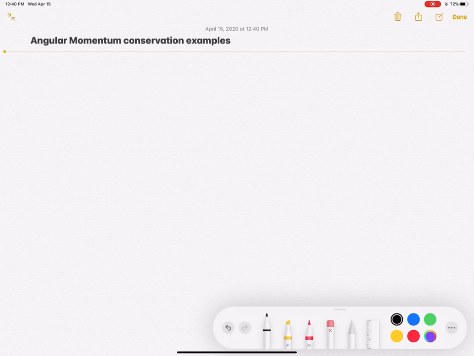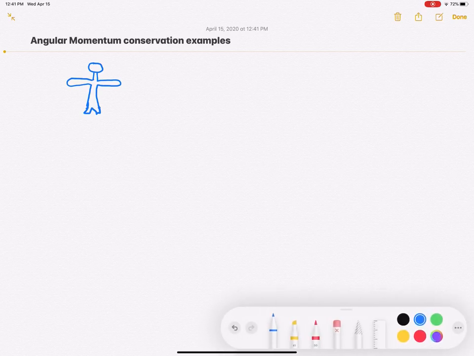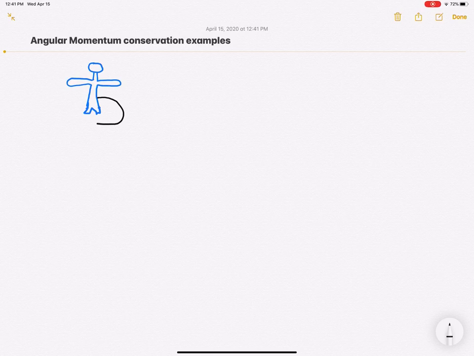The first problem takes a person who's going to have their arms fully extended, tiny little feet, and they're going to be on a frictionless platform.